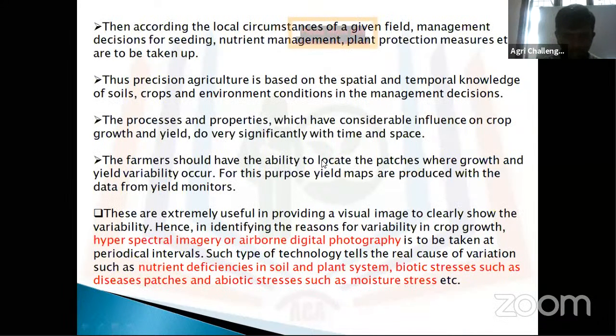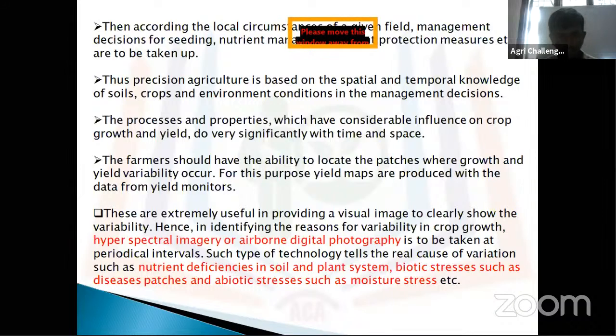Hence, in identifying the presence of variability in crop growth, hyperspectral imagery or airborne digital photography is to be taken at periodical intervals. How do we identify this variability? I told you, different tools are now available, starting from your RGB, up to some extent multispectral, hyperspectral imagery, airborne digital photography, and drone based hyperspectral and multispectral.